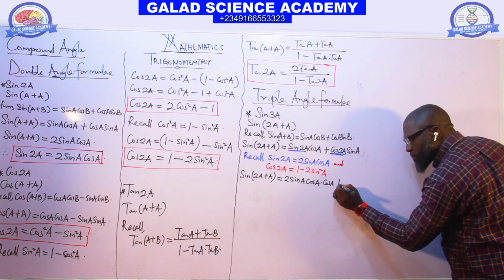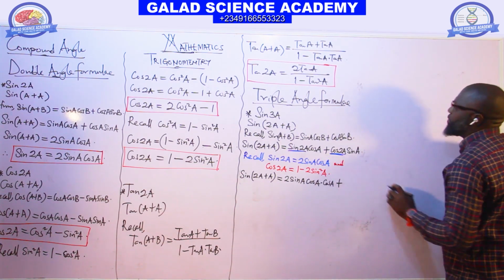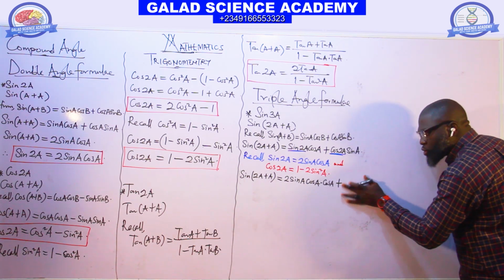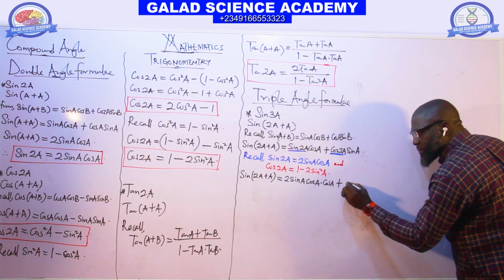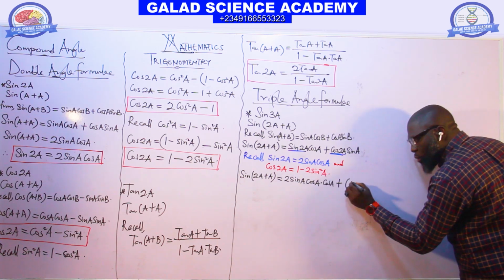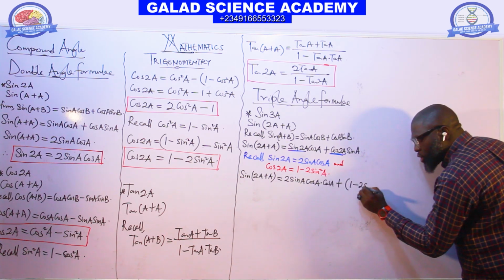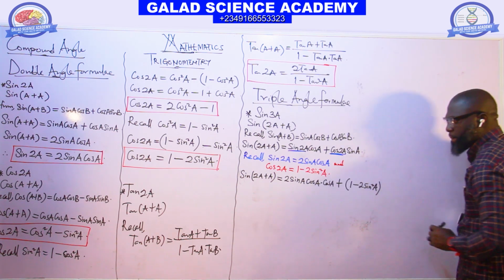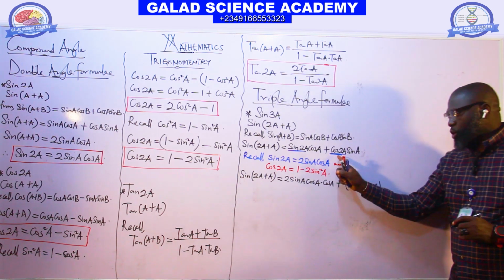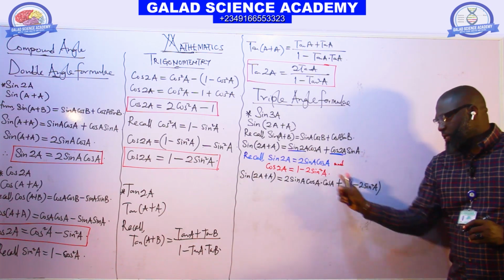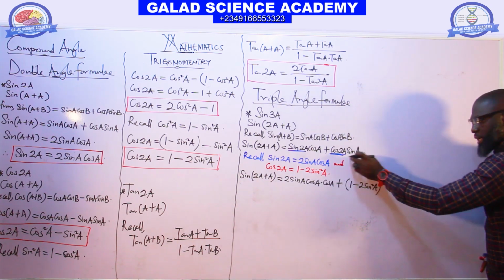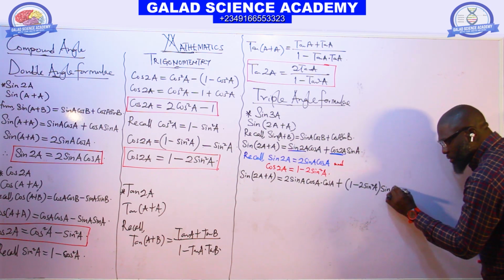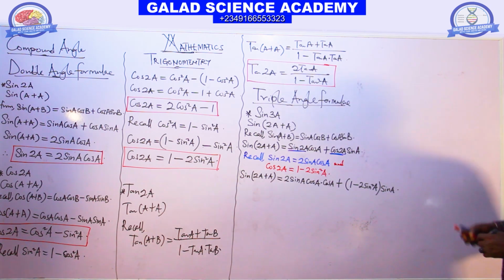Then plus, what do we have here? Cos 2A. And cos 2A is the same as 1 minus 2 sine square A. I put it here. So then this sine in me here, sine A. Good.